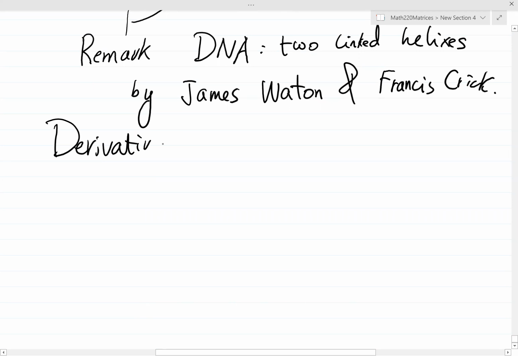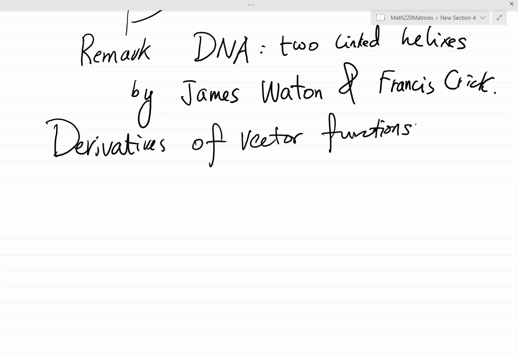For vector functions, the derivative is just the component-wise derivative.